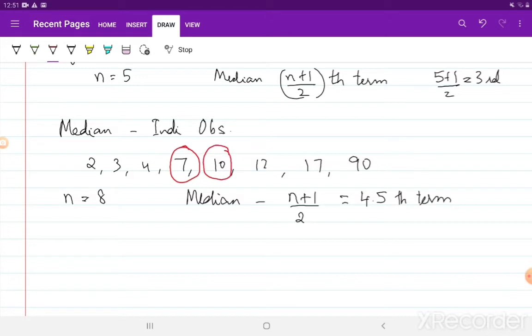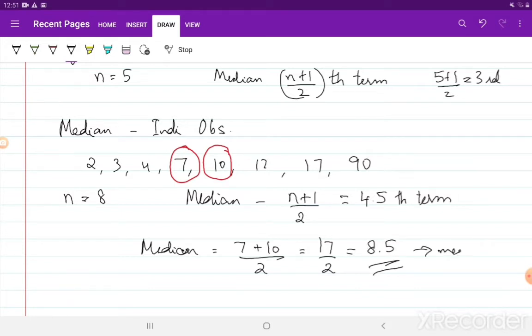That means the median value will be 7 plus 10 divided by 2. So this will be the median value.